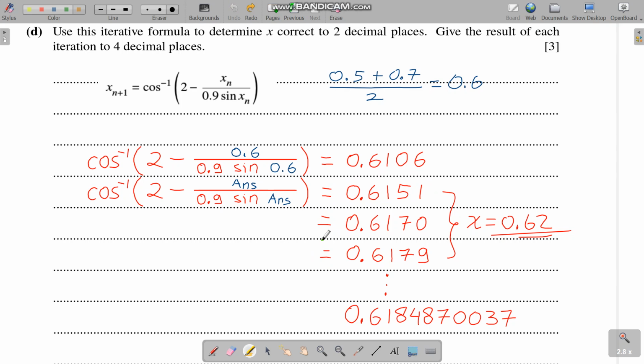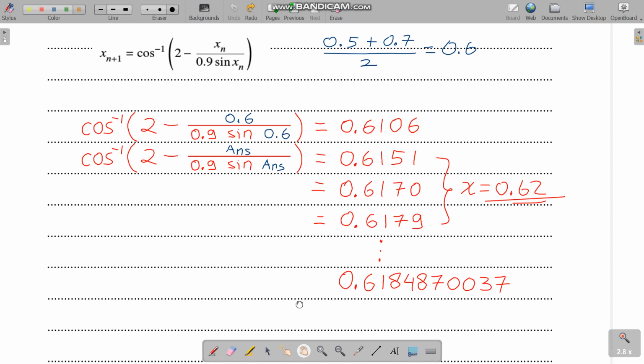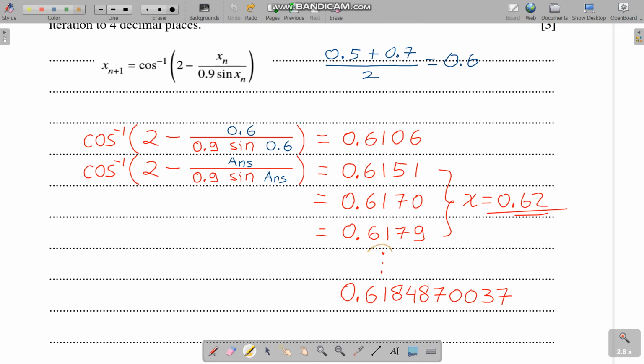If you want to make sure you're doing it right, keep pressing the equal sign many times until the displayed number doesn't change anymore, because that means you're doing it right. If the number keeps changing and it's not converging, so it keeps getting more different every time, something's wrong. So this is the displayed number after you press equal so many times.